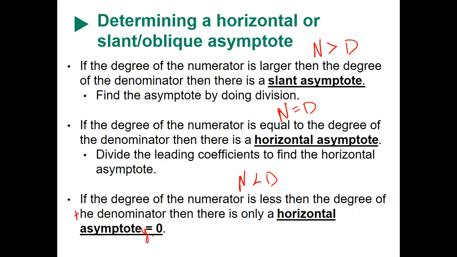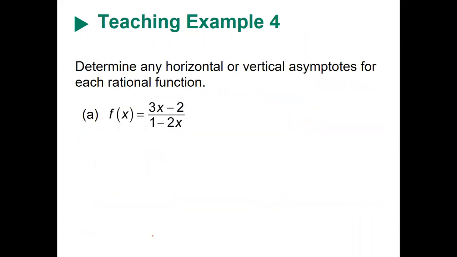Okay, I think we have enough time to do one example, and then we will finish tomorrow. In our example, we're going to also talk about how to find your vertical asymptote. Your vertical asymptote is found the same way that we found our domain. It's only focused on the denominator. The degree of our numerator is 1, agree?